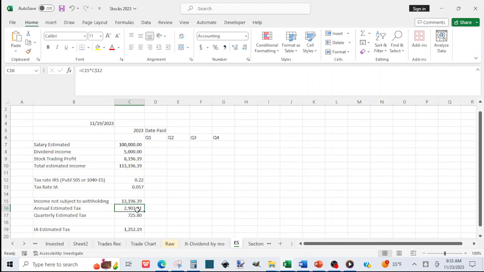Therefore, you need to take this $2,900 and divide it by 4 to find the quarterly estimated tax that you need to pay, or you can just pay the full amount as well upfront. But you need to remember to go to your state government side, tax side as well, to look for estimated tax information and do the same thing.